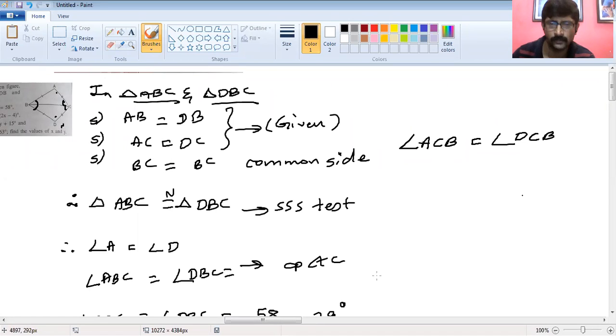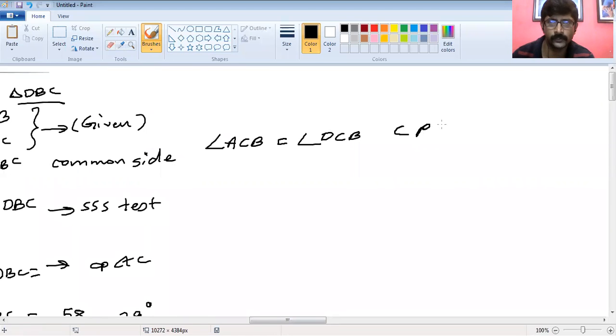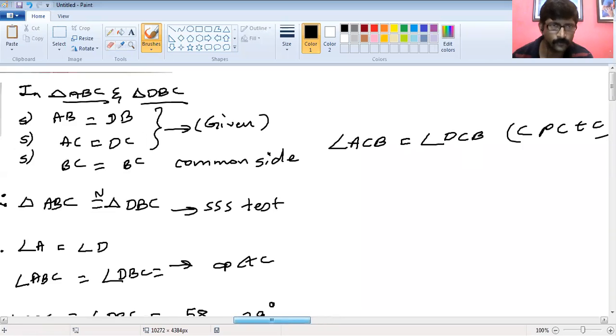Why are these two angles equal? Because of CPCTC, children. CPCTC. Okay, that is corresponding parts of congruent triangles are congruent.